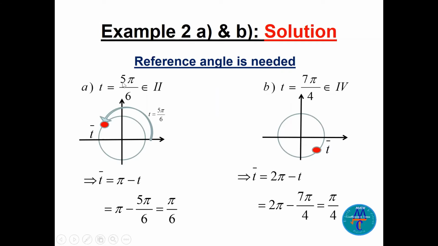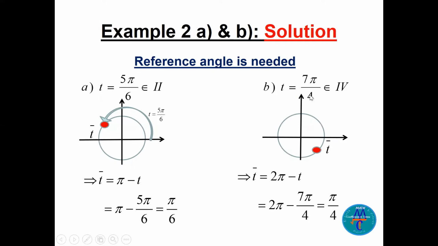Multiplied by 5, it will be in quadrant 2, so that will be 150. Now, to find t dash, in quadrant 2 it will be pi minus t. So pi minus 5 pi over 6, you find the LCD, it will be pi over 6. So this is the reference here. See the reference? It's always between the terminal side and the x-axis.